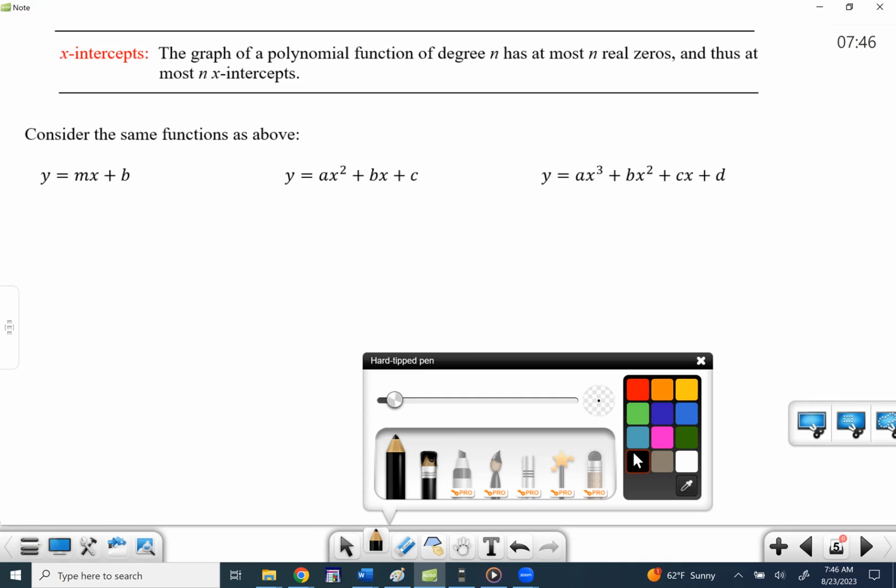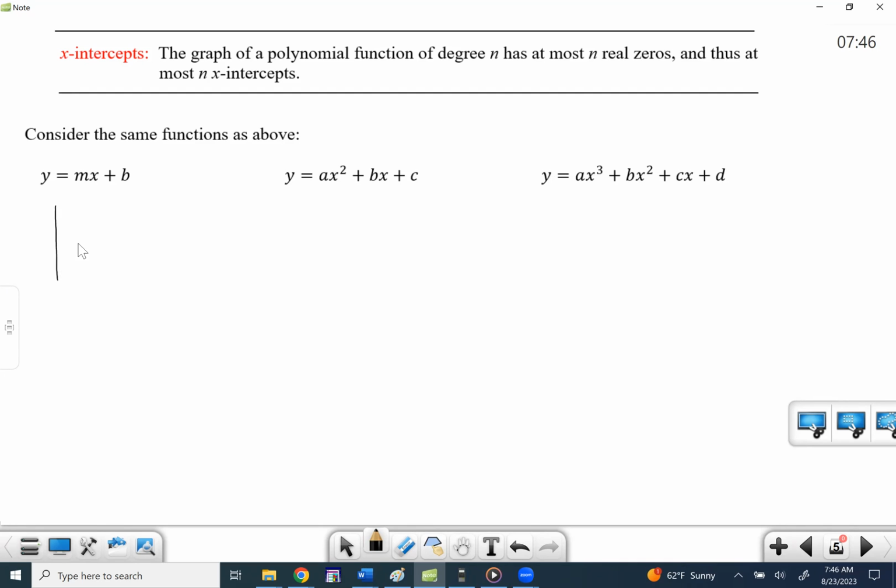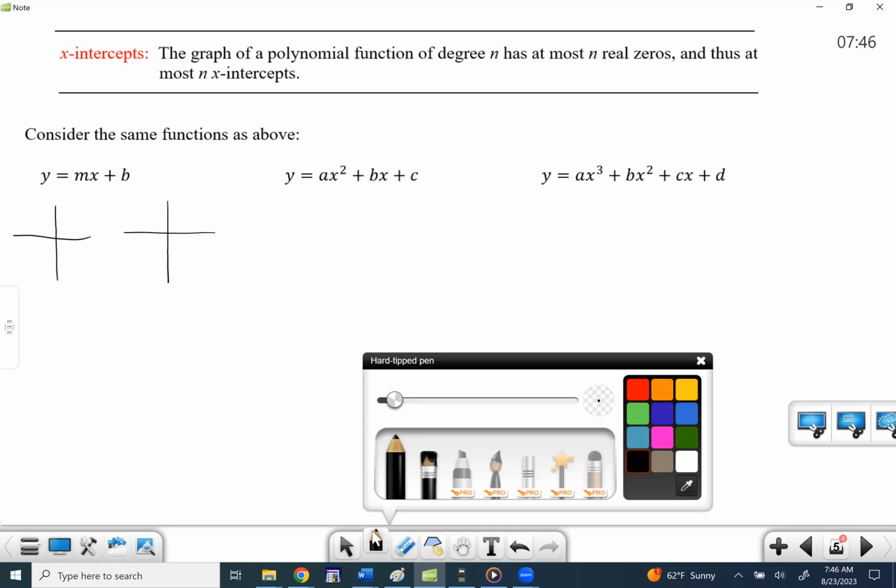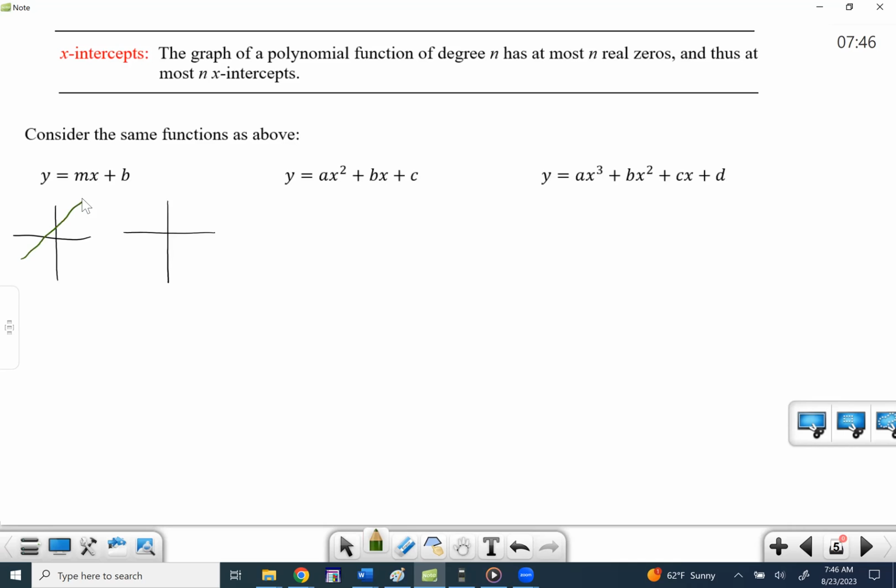If we go back and look at pictures of lines again, right? Maybe I could even use those same exact lines. So if we look at the x-intercepts, that one has 1, right? 1, 0, 1 x-intercept. But if I graph this one that I graphed earlier, this one actually has 0 x-intercepts.